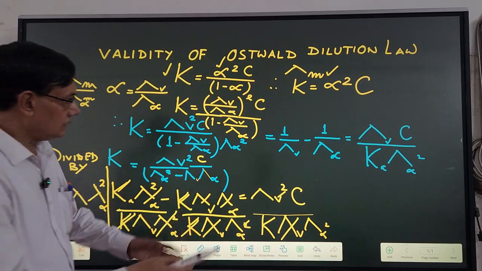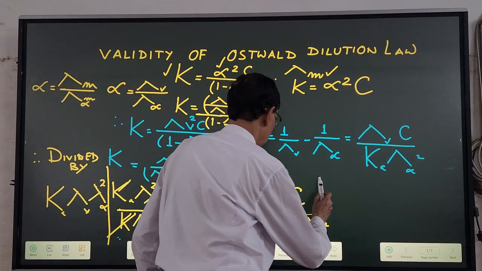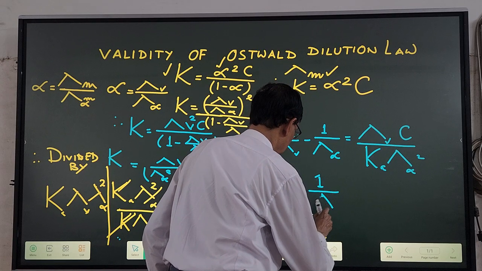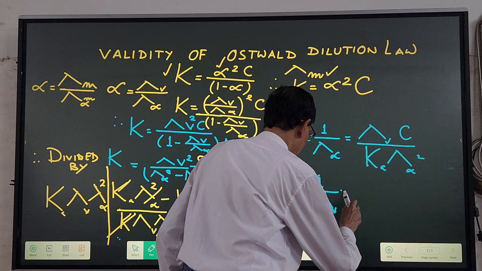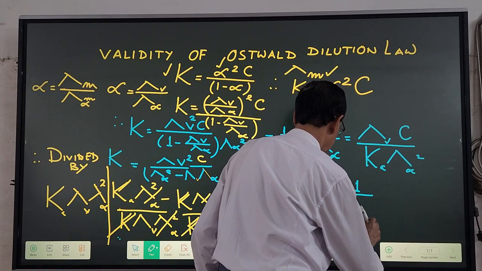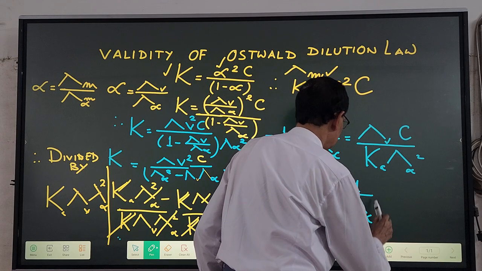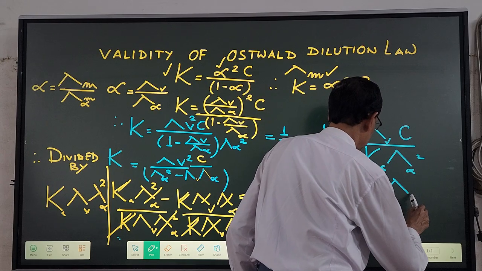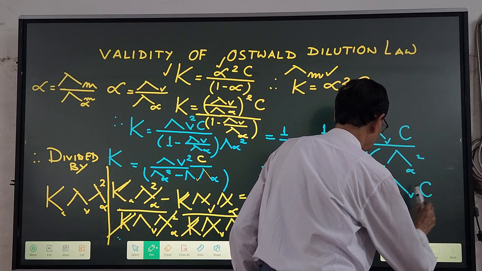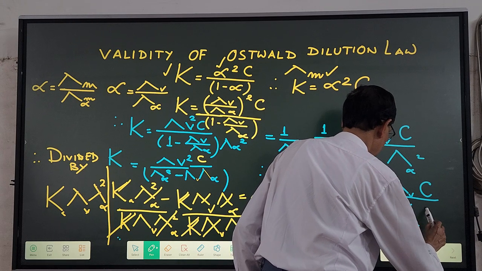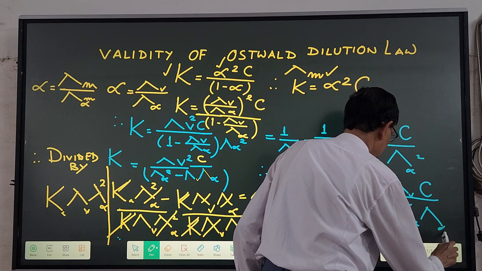If I slightly rearrange this equation, 1 by lambda_v is equal to 1 by lambda infinite plus C lambda_v divided by K lambda infinite square.